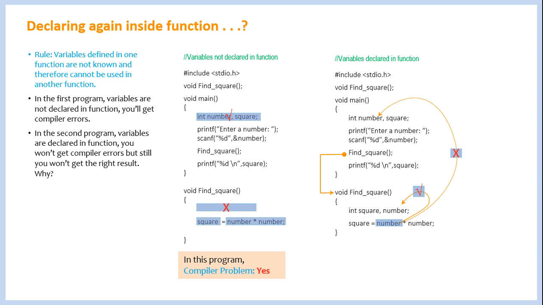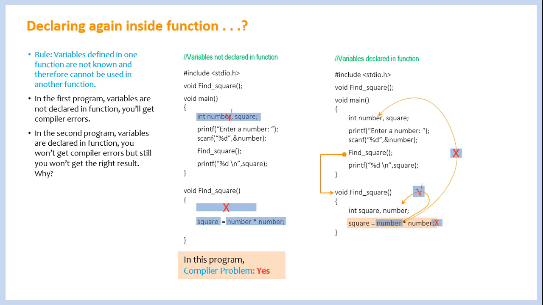While calculating square, you have a problem. Your number, as we just said, refers to the variable in the function, but this variable does not have a value entered by the user. So square is not calculated correctly. Now what happens when you try to display square?